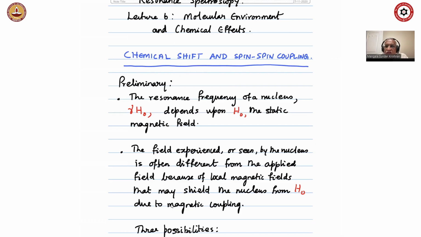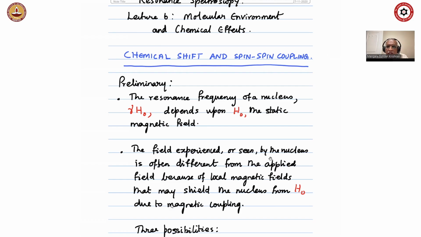And the electrons are moving and rotating electric charges, and therefore they generate local magnetic fields. These magnetic fields may add to the external magnetic field or work against it, so that the nucleus does not see the entire H naught but a slightly different H naught.